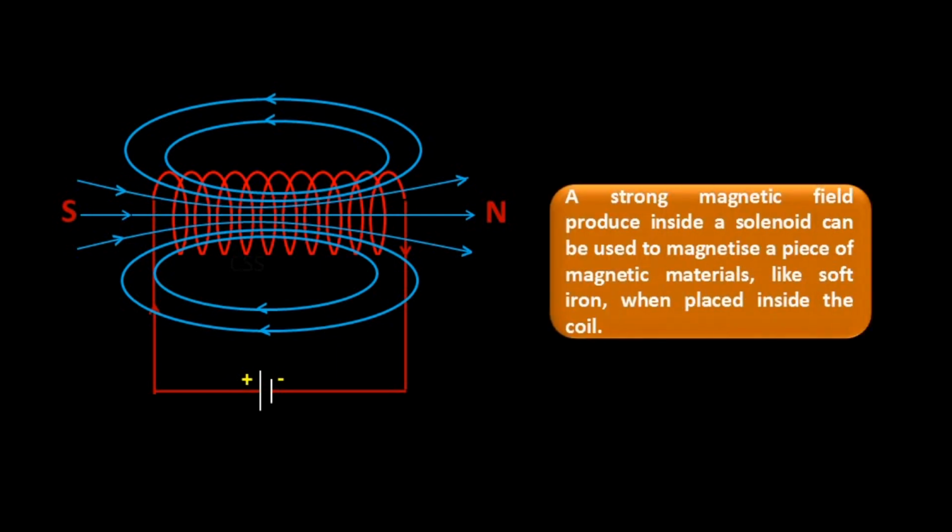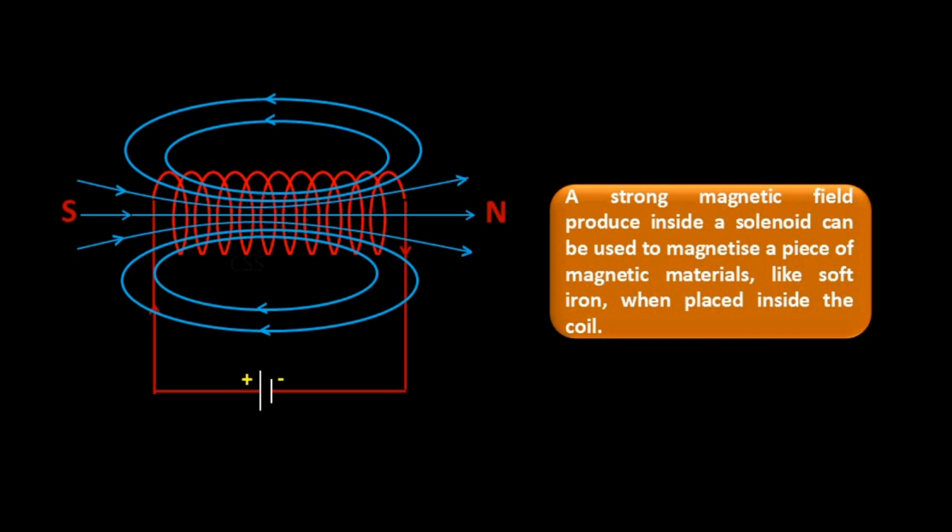A strong magnetic field produced inside the solenoid can be used to magnetize a piece of magnetic material like soft iron. When placed inside the coil, it converts into a permanent magnet. A strong magnetic field is produced inside a solenoid because the magnetic field lines are uniform.